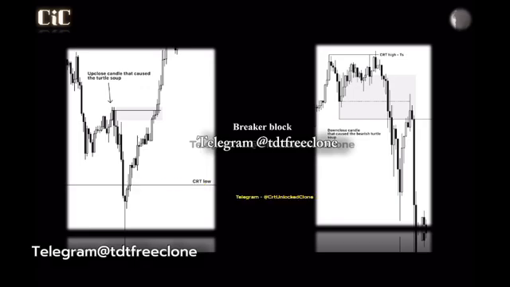Next up, we have the breaker block. We have the bullish breaker, and we have the bearish breaker. The bullish breaker is the up-close candle that caused the bearish turtle soup. Right, so it's one specific candle. Again, remember the difference between what we do and what the other schools of analysis do. We're not here trading zones.